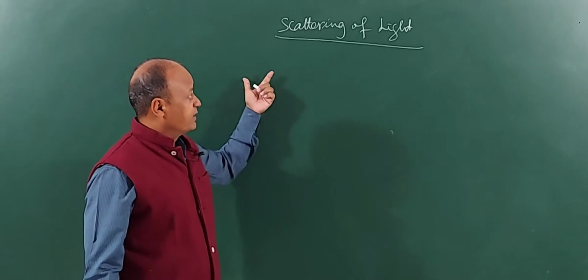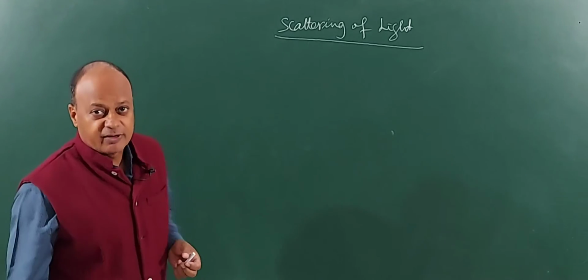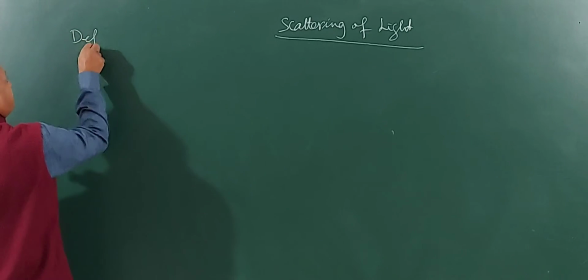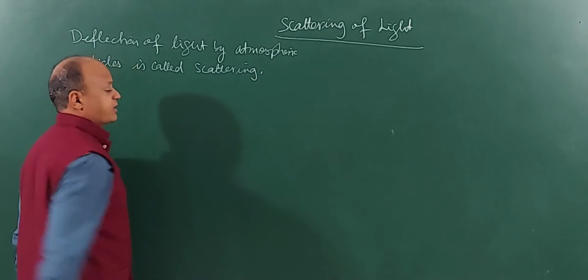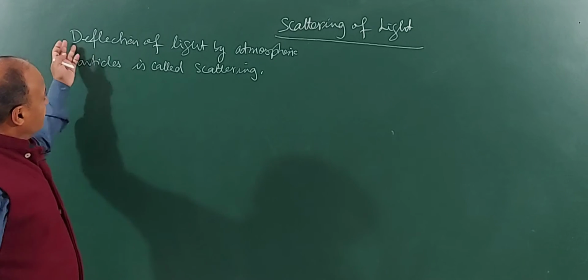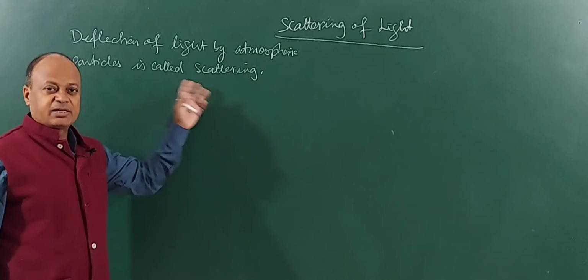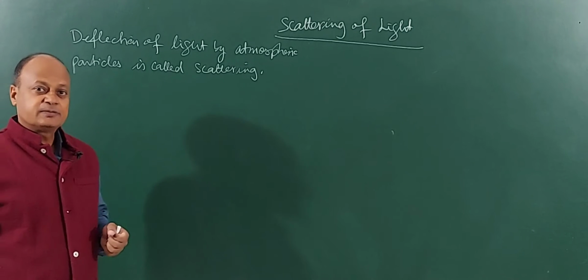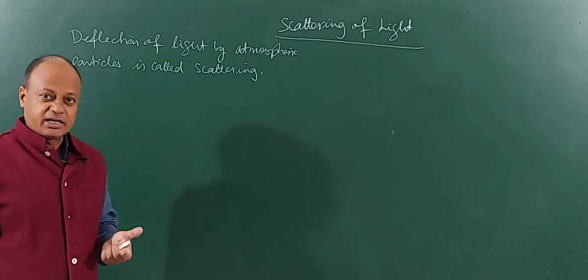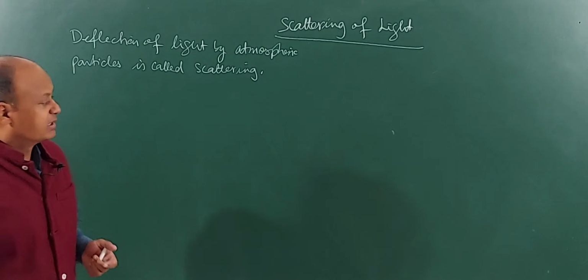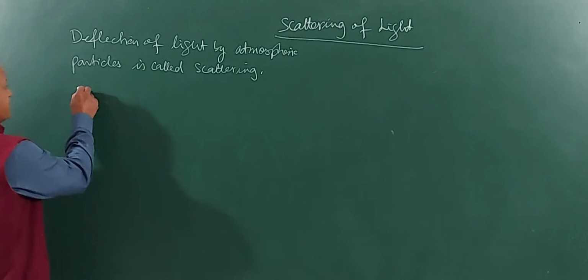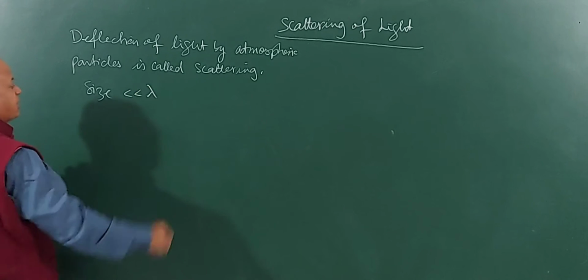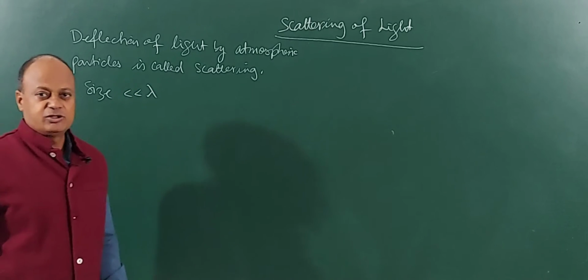Now, so we'll be defining what is scattering of light. Deflection of light by atmospheric particles is called scattering, right? And the condition is that for selective scattering, the size of the particle should be much smaller compared to the wavelength of light used.